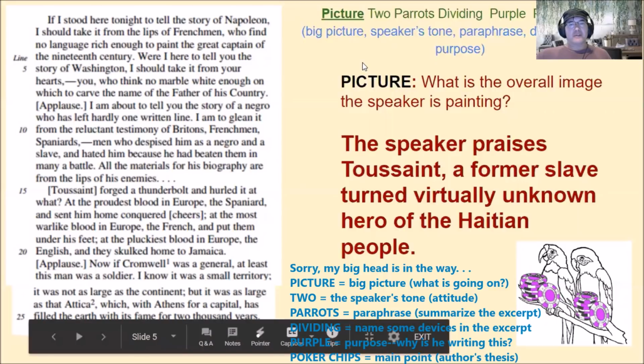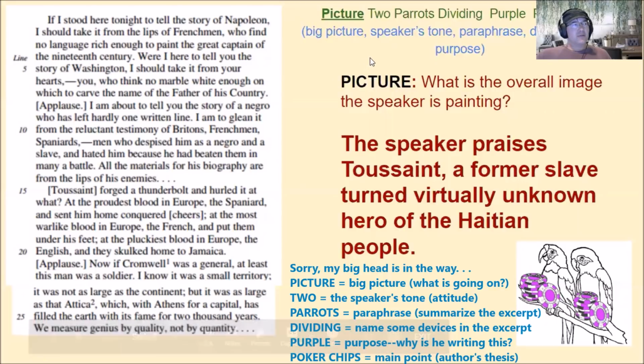What is it basically about? And then tone. You want to mention the speaker's tone and how that tone may shift in the work. Paraphrase. What is the speaker saying? So paraphrase, summarize the major points that the speaker is making.